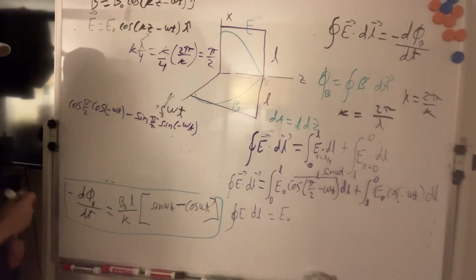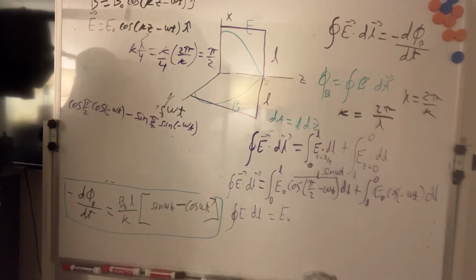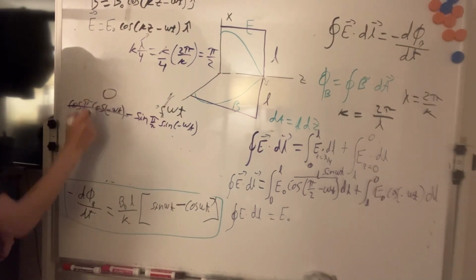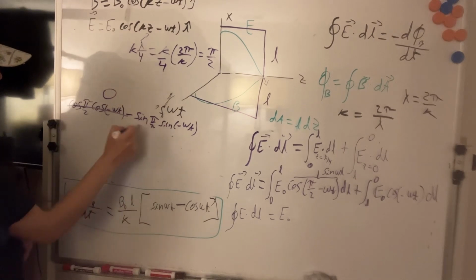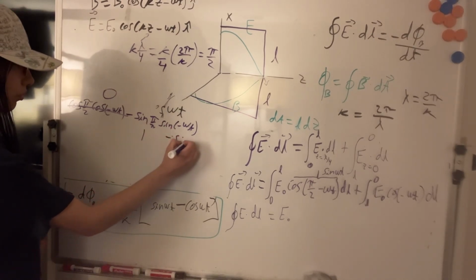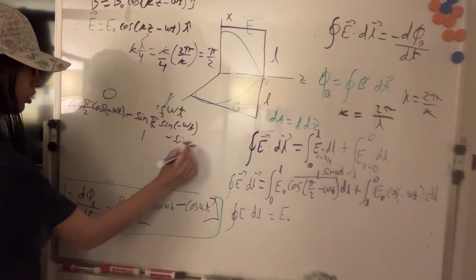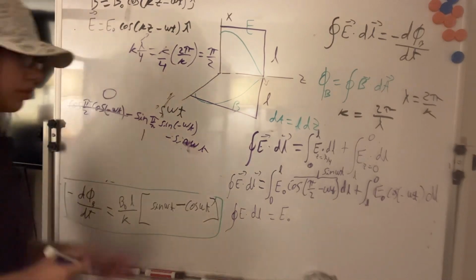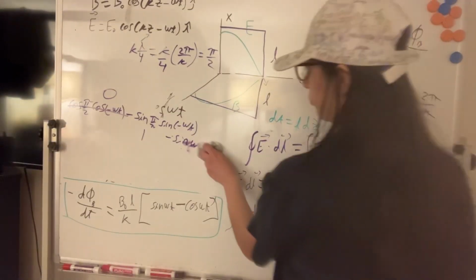Let me verify this. Cosine of pi over 2 is 0, so all this goes to 0, and this is 1, and this is negative sine of omega t. So this negative and this negative makes it positive sine of omega t. Alright, so we have it.